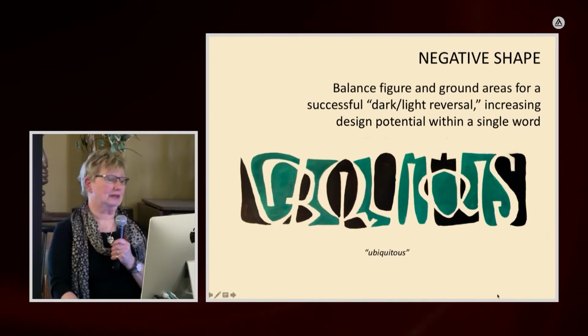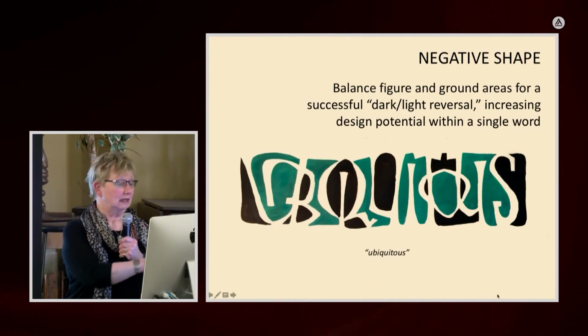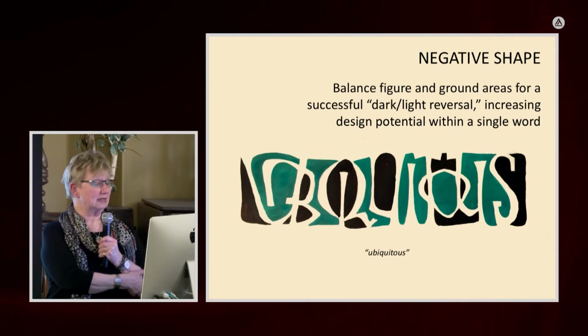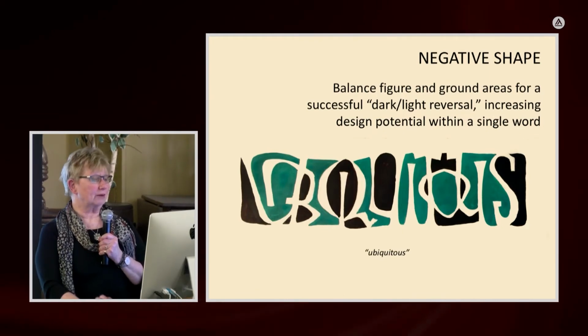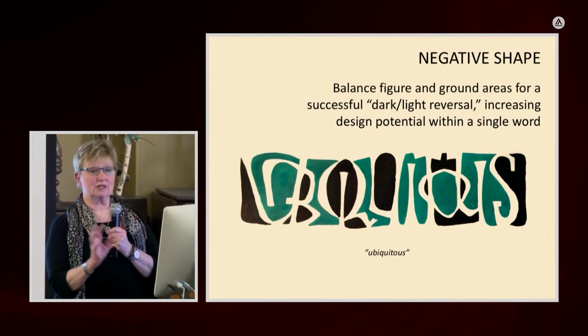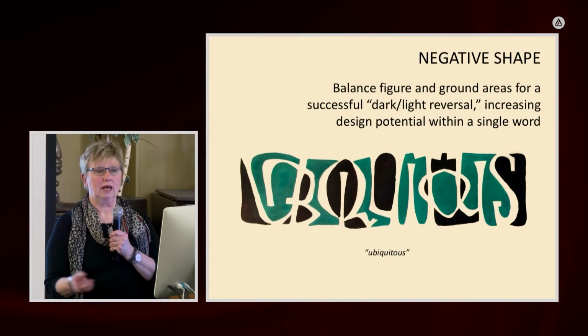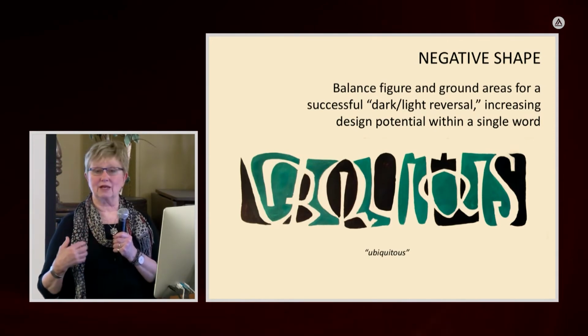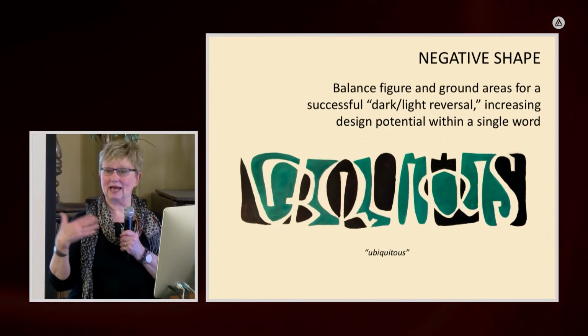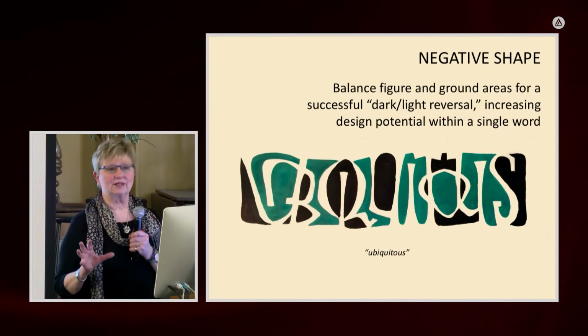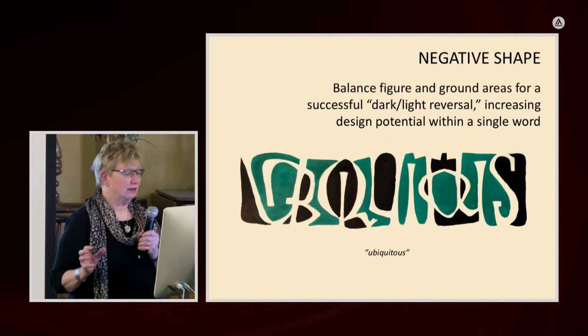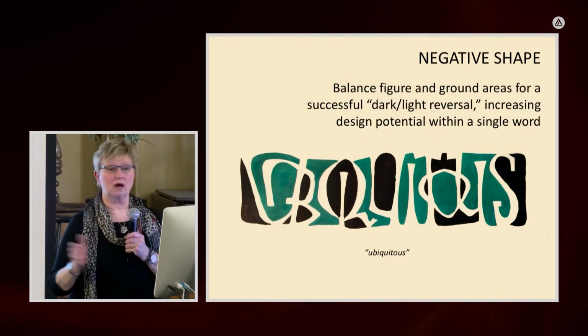Negative shape, again. I did this one a while back in a workshop, but it says "ubiquitous." You balance figure and ground areas for a successful dark-light reversal. And this means that you can see the light as an entity, but if you blink and look at the black areas, you can see that they hang together, and the other ones, the teal, also hang together.